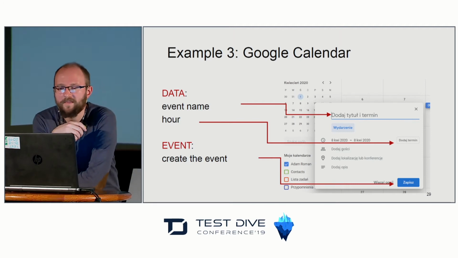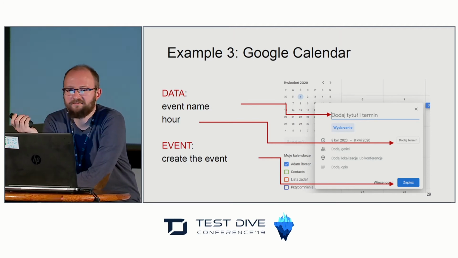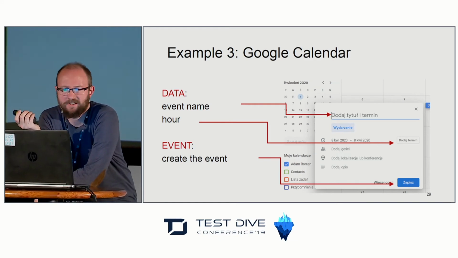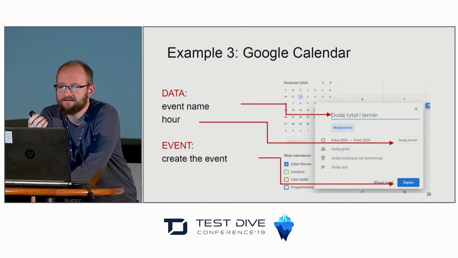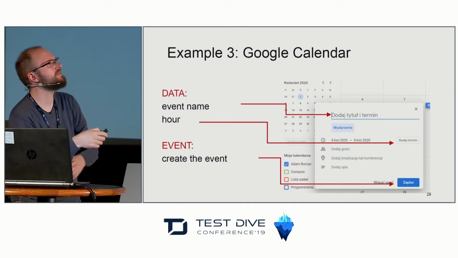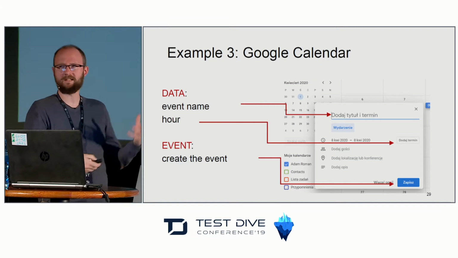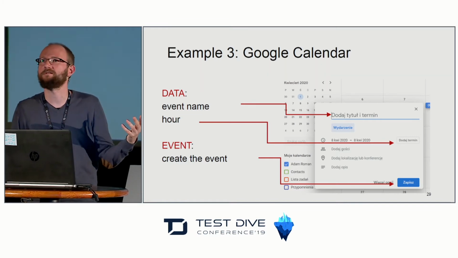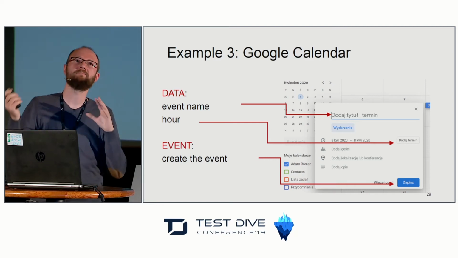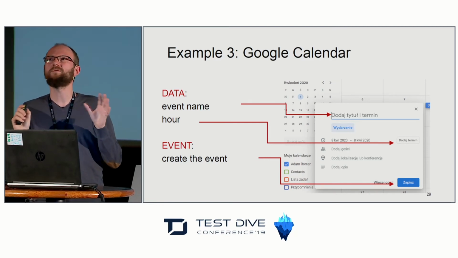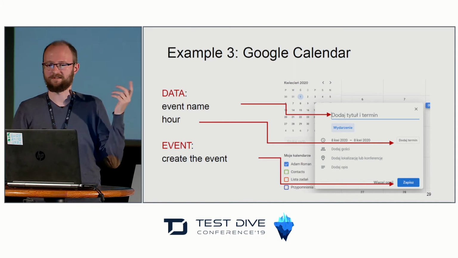So suppose we have data. It's natural to consider event name as data and this hour as data, because it really comes directly from the way that the application looks, from the interface. It's like this interface is some form of pseudo requirements, I would say, in this sense.